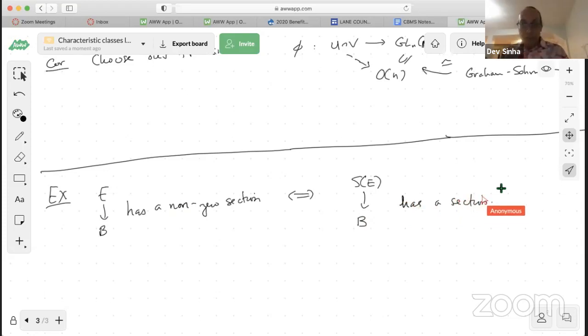And again, you can imagine this could give an alternate proof, for example, that the Mobius bundle is non-trivial, or doesn't have any sections. I'll let you think through various examples actually. In order to have a section, that would mean that for the sphere bundle, the projection back down will be the identity.